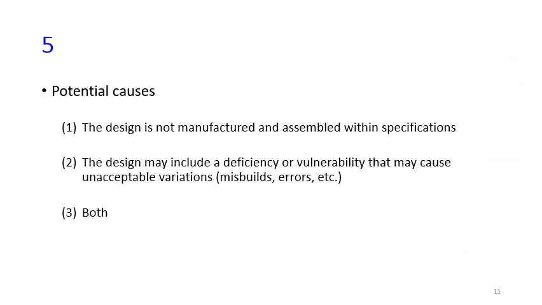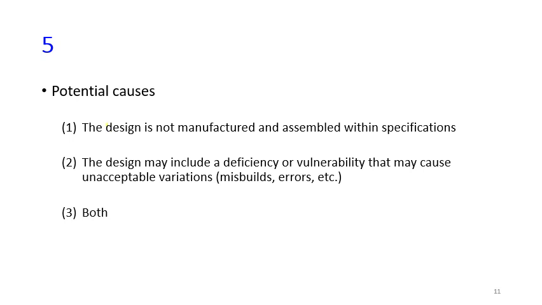After identifying the failure mode effect and how severe the effects are, now FMEA wants the design team to think about the potential causes for each failure mode. So usually the causes are one of these 3 possibilities.